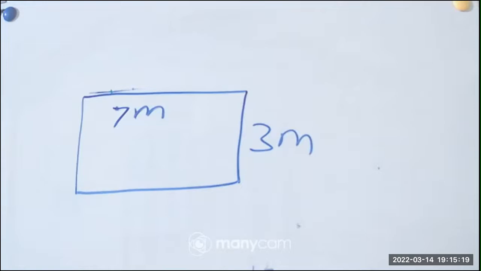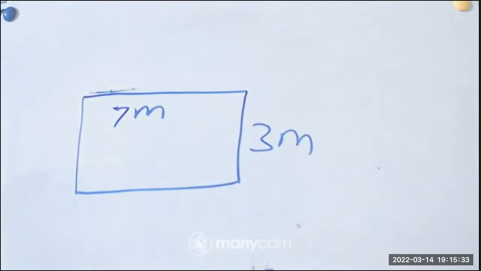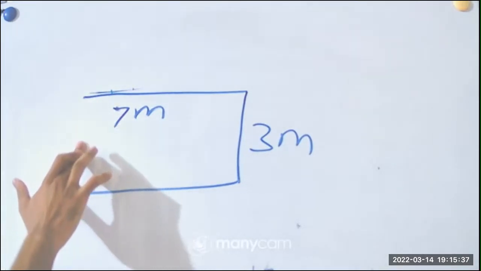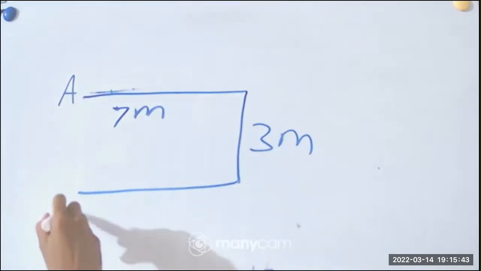And how many posts would be needed if we place them 1 meter apart? 20. Very good, right? So the shape is closed. Okay, so let me do one example. So I'm taking off this side now. How many posts would be needed to fence from A to D?